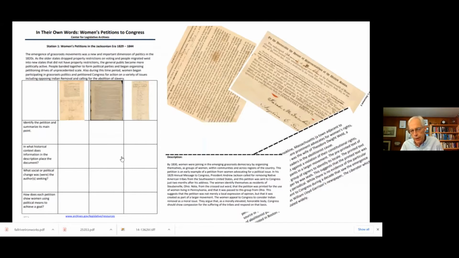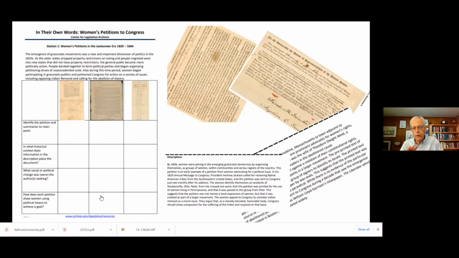They work together to identify what the petition was about, and then to read through the descriptive information and summarize the historical context of this petition, then identify what social change the petitioners were seeking, and then reflect. Kind of an open-ended question, to summarize at the end, how does each petition show women using political means to achieve a goal? So that's the basic idea.